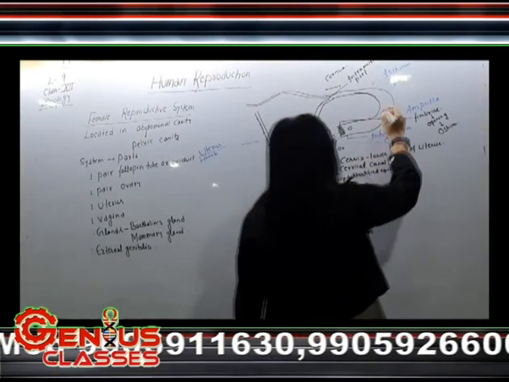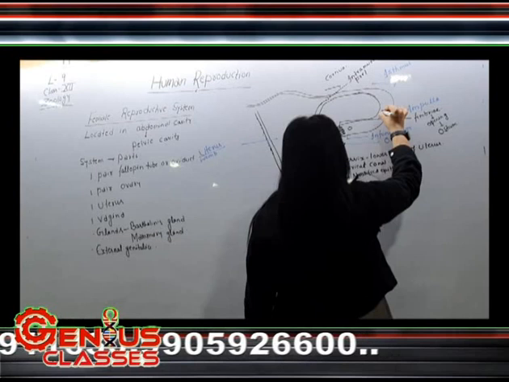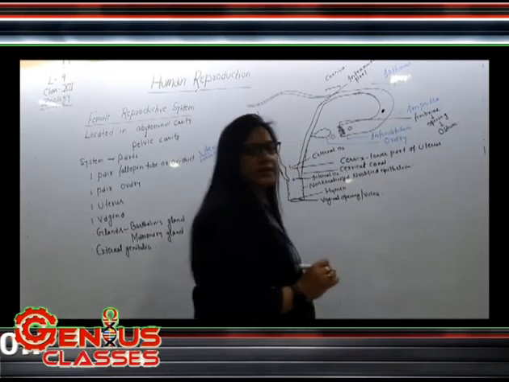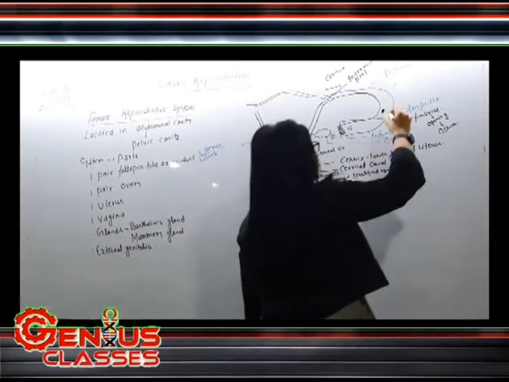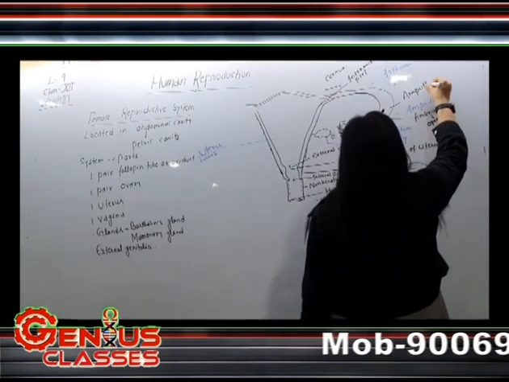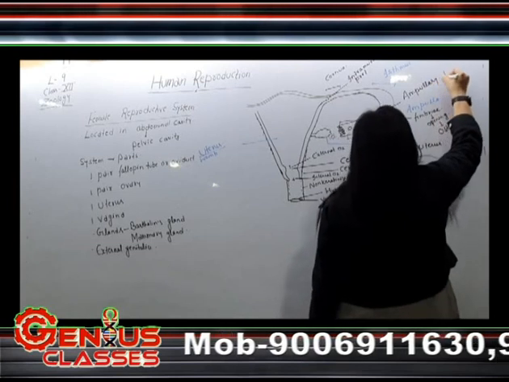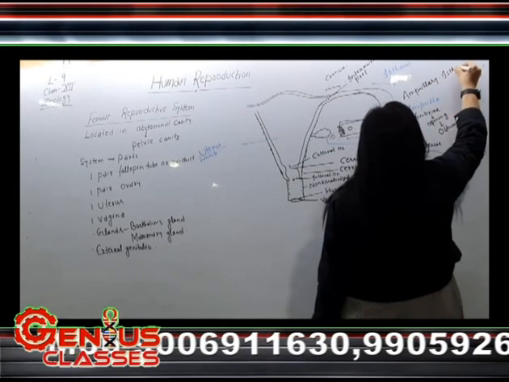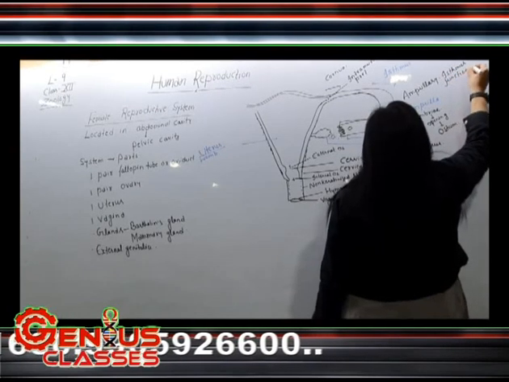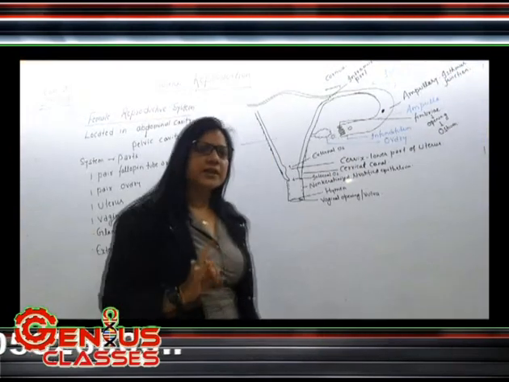So suppose the secondary oocyte is here now, and this is called the ampullary isthmus junction, where fertilization takes place.